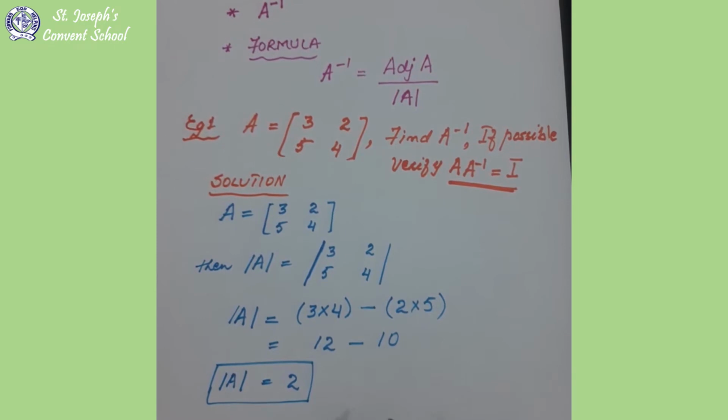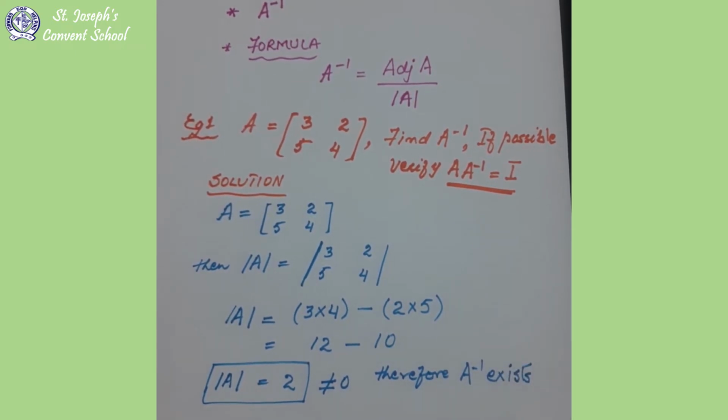Now this answer is not equal to 0. It means that, therefore, A inverse exists. So it means that you can find A inverse.